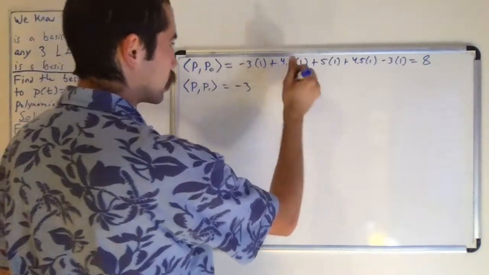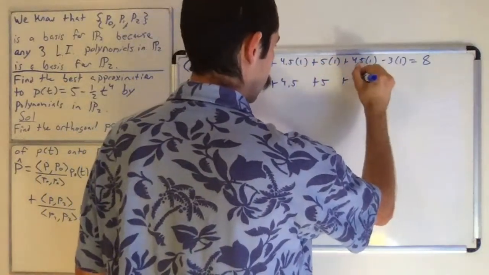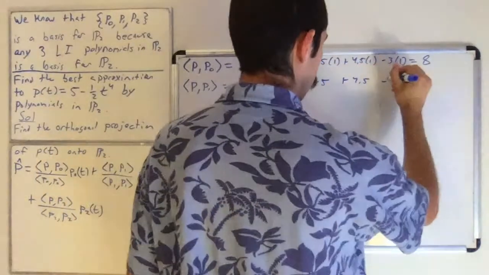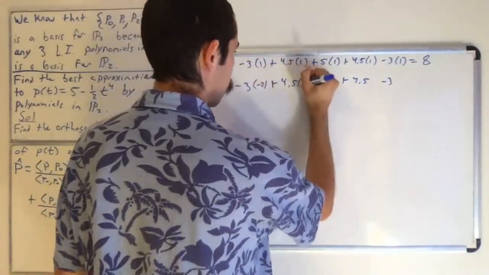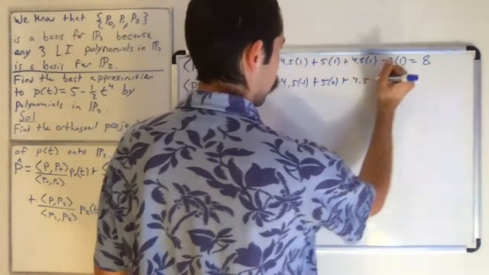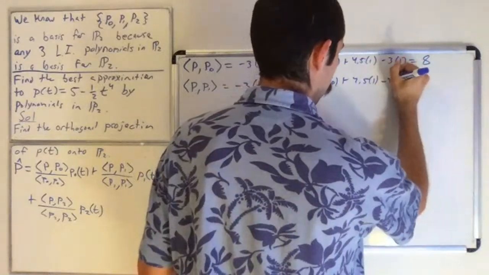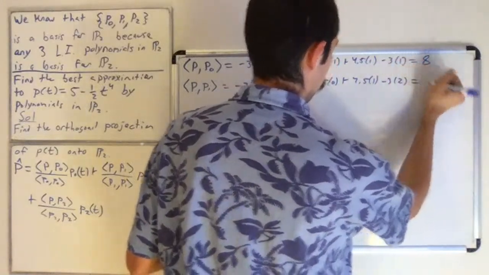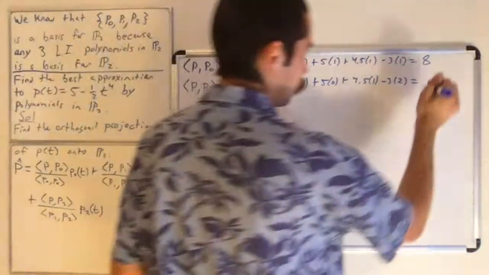So these coefficients are going to be the same for all of them. And so when you add these up, you get 0.